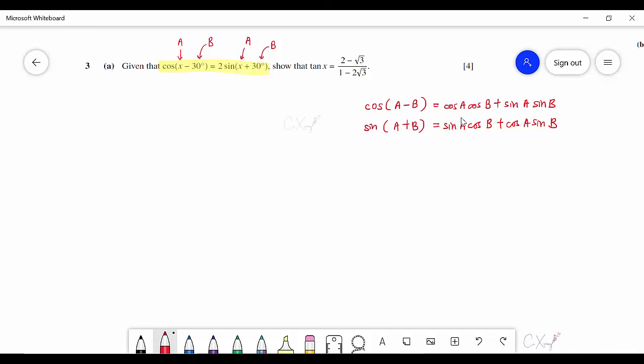Right, so let's start. First of all, we have cos x minus 30 equals 2 sine x plus 30.